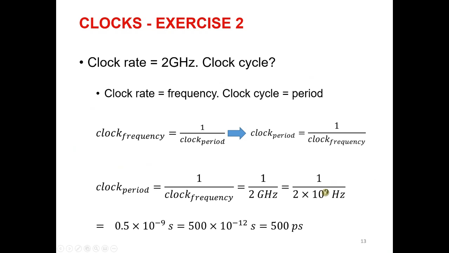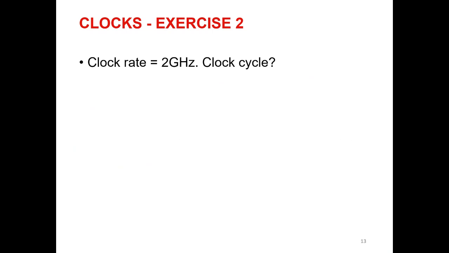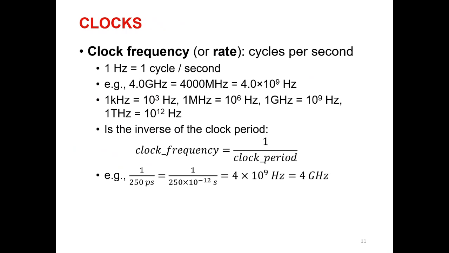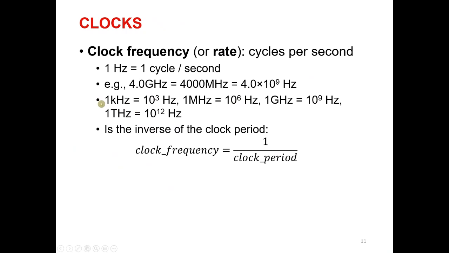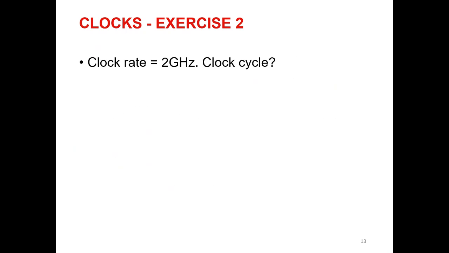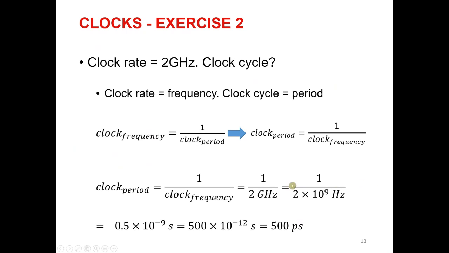I have shown you previously in this table that 1 kilohertz is equal to 10 to the power 3, and we have also seen that 10 to the power 9 is equal to 1 gigahertz. So if we go back to page 13, we see that 1 gigahertz is converted to 10 to the power 9. I think you were referring to that.